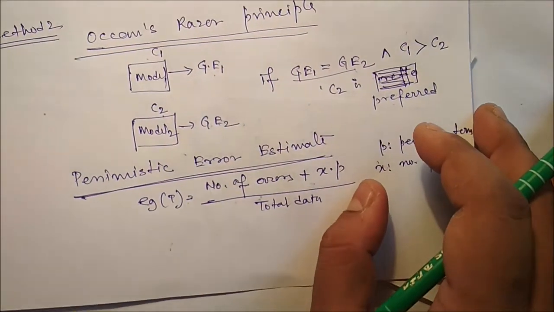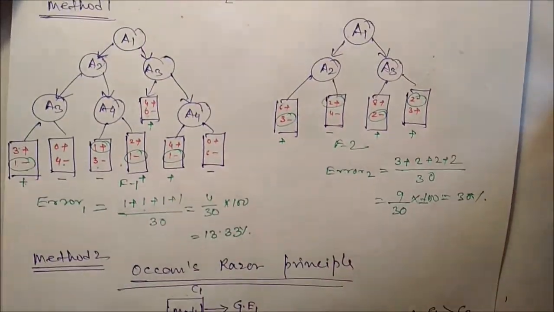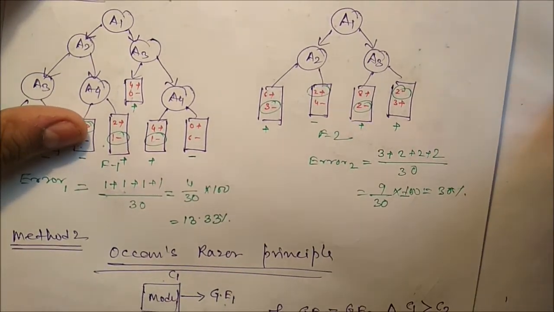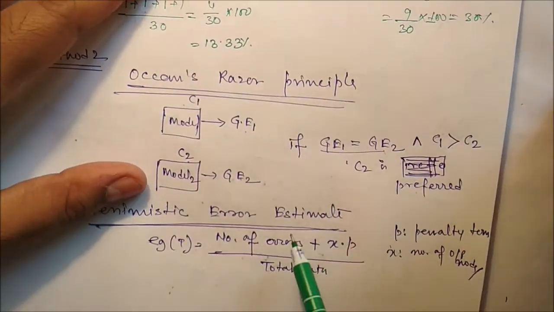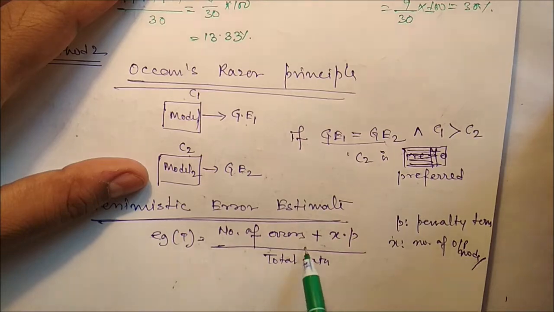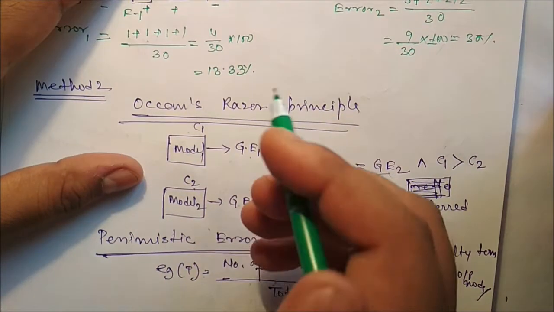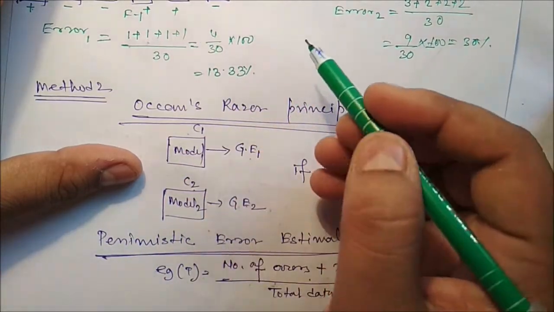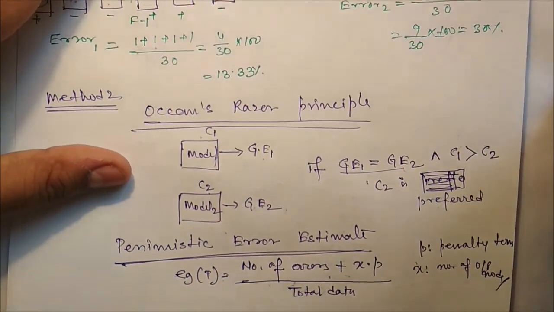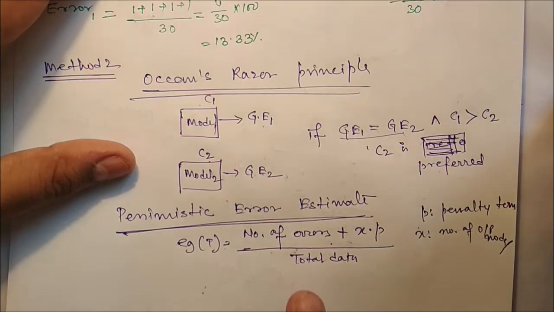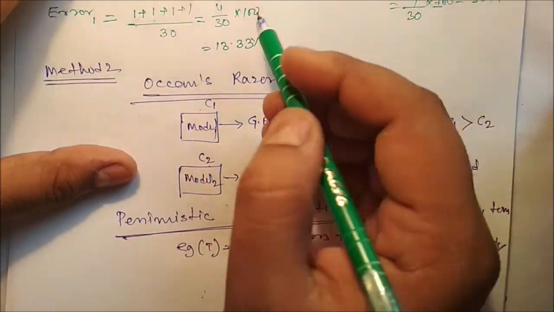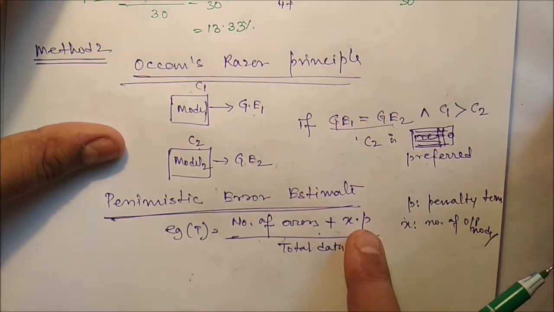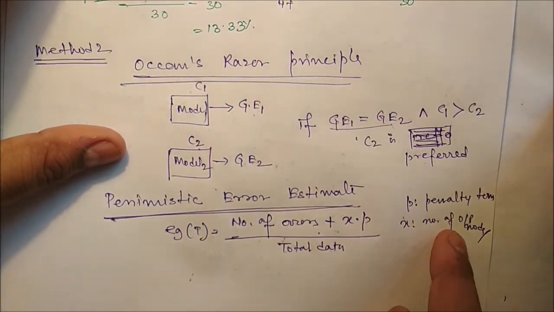Now if you look at these two trees, we can see the number of errors. In this case, the number of errors is 4. The formula is the number of errors, 4, plus X into P, where X is the number of output nodes.